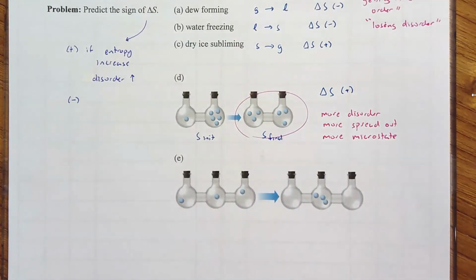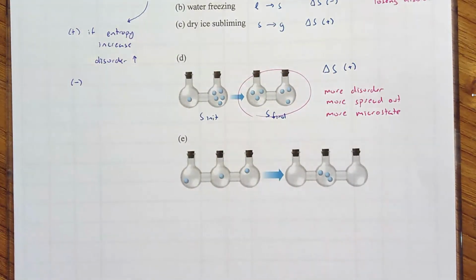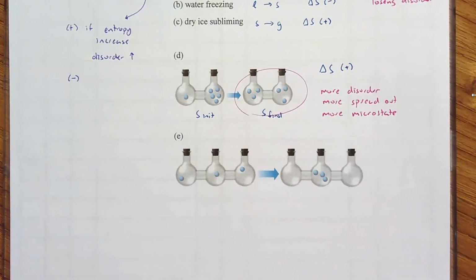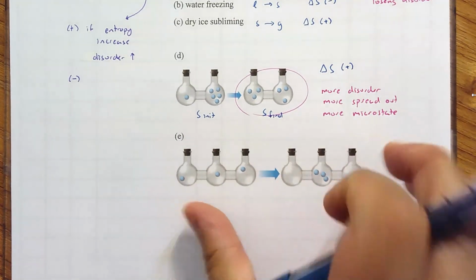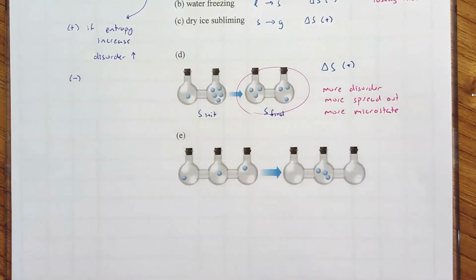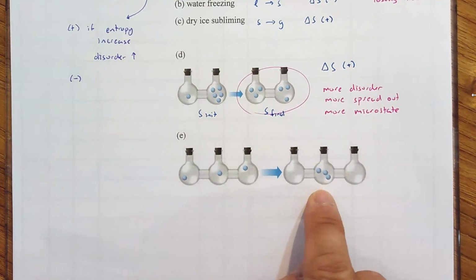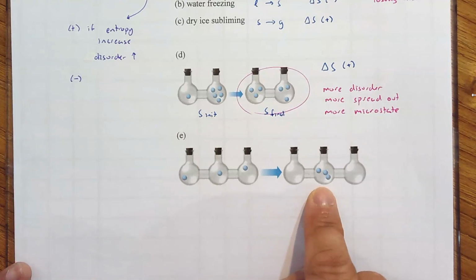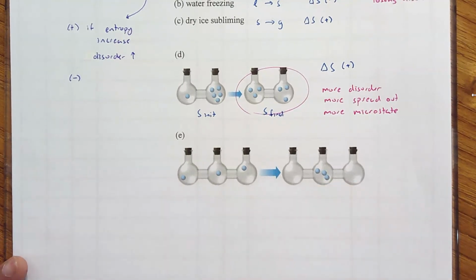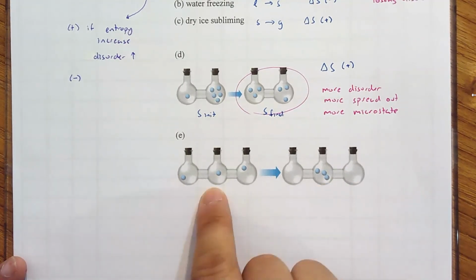Last one, we have 3 vessels, not a big deal. If I give this on an exam, a picture like this, it'll be obvious which one is more ordered and which one is less ordered. So you see how for this to happen, where all 3 molecules are together, is going to be pretty rare, not pretty rare, but more rare than this.